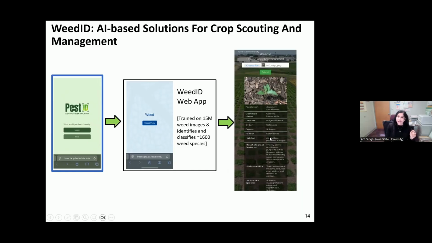In the earlier slide, I said that there are different kinds of classification. And it's good to know not just the taxonomic classification, but right out there: is it an invasive species? What are the different look-alike species? Is it undesirable for livestock? All these features you can get in a fraction of a second. So this is where I would say the application of AI is very relevant when it comes to knowledge.